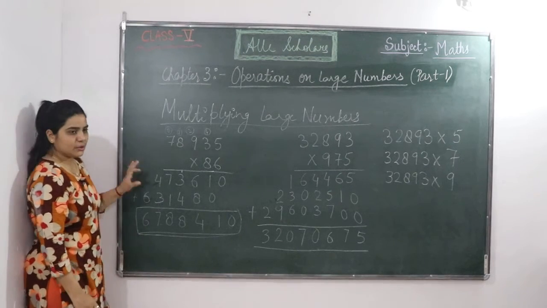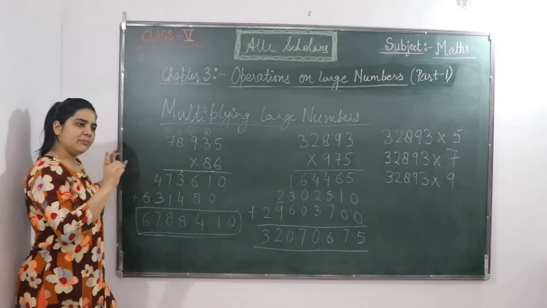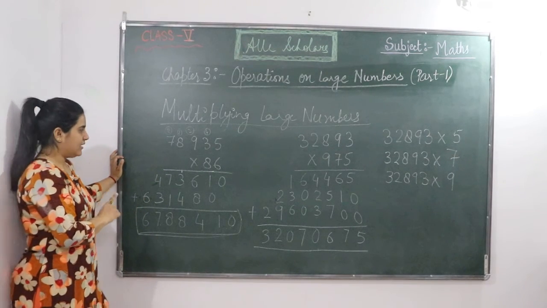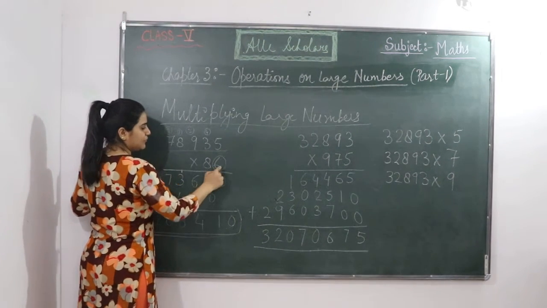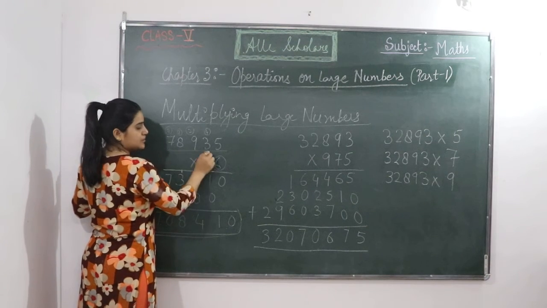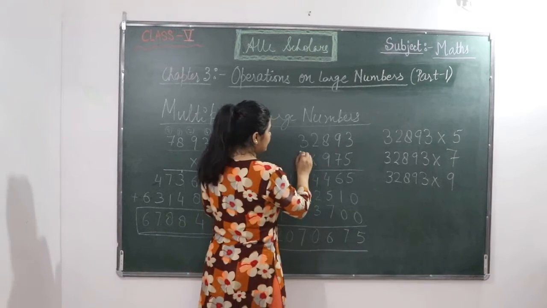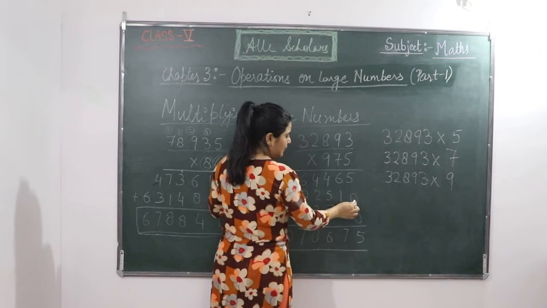So you got to know, the only thing we have to do is the multiplication same as we did in the one digit multiplier. But once we multiply all the numbers with 6, in the second case we multiply all the numbers with 8. Similarly we will do here also. Once we multiply with 5, we write it here.